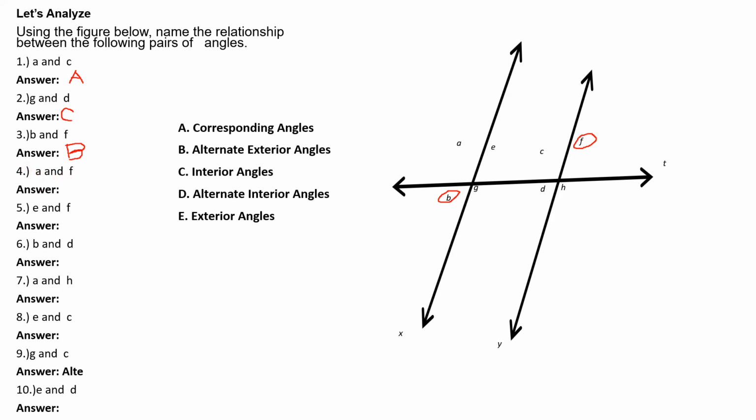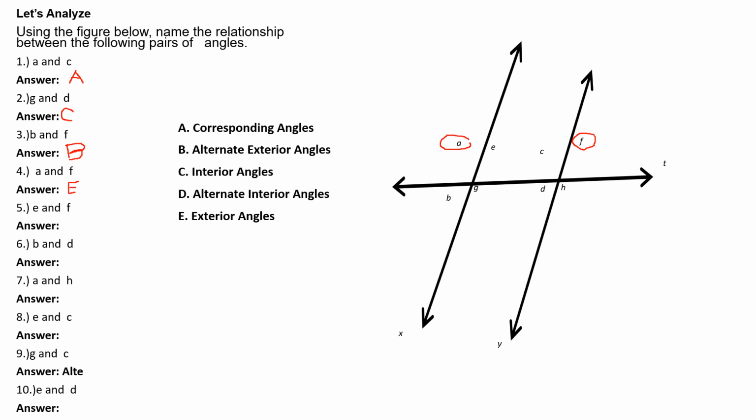Then we have number 4. Angle A and angle F. We're going to locate angle A and angle F. So we have here angle A, which is an exterior angle, and then next is an angle F, which is also an exterior angle, and then they are both located on the same side of our transversal line. That means they are exterior angles. Okay, very good.